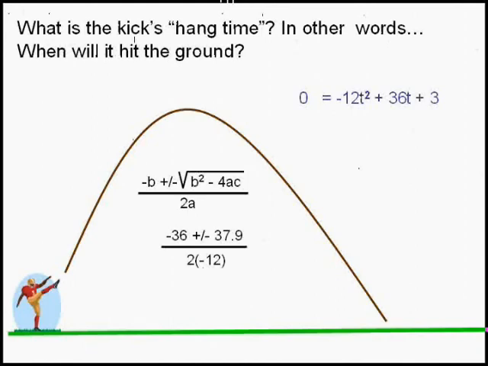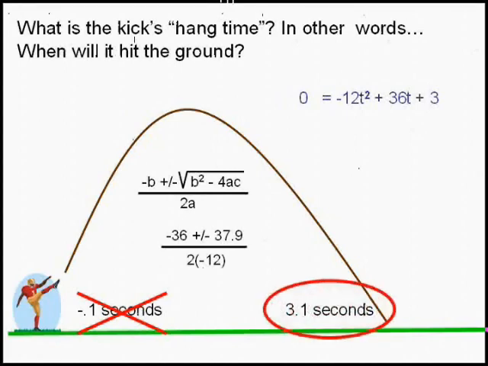One of them will be negative 0.1 seconds, and the other one will be 3.1 seconds. Now, unless we have a time machine, we can't go back in time. So get rid of that answer, and our hang time will be 3.1 seconds. And I'm afraid that Junior is not going to go to the NFL with a hang time of 3.1 seconds, but that's when it hits the ground after he kicks it.